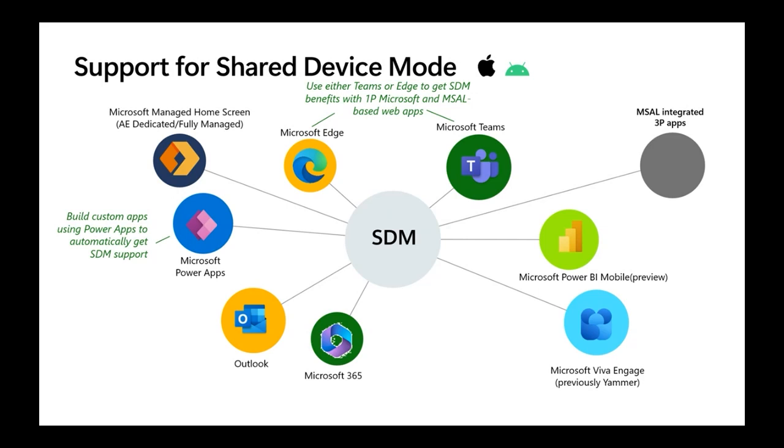And for third-party or line of business apps, you could either build custom apps in Power Apps to automatically get shared device mode support, or you could integrate with that Microsoft Authentication Library that I mentioned earlier. And you can also open a web-based version of the app that uses that library in Edge. So a couple of different options to get support for shared device mode.